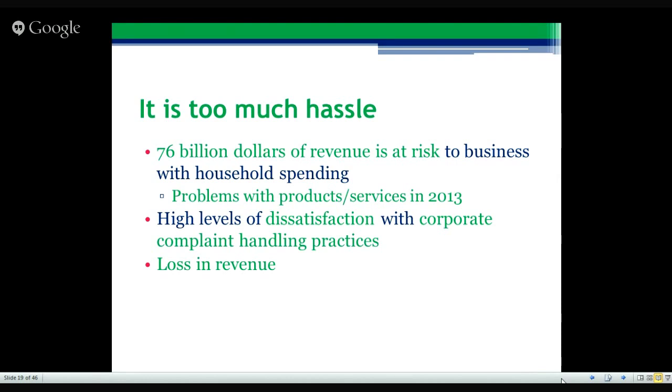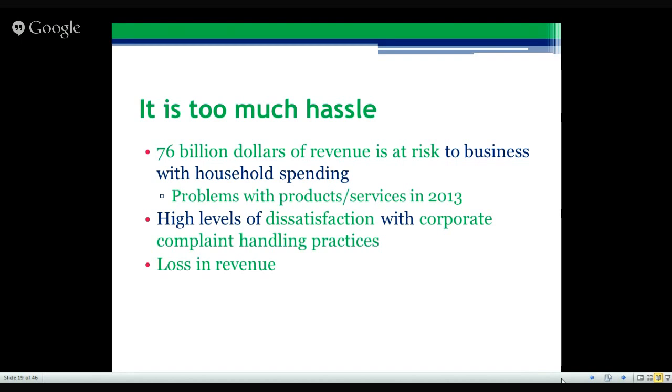People are spending this much money every year. And if you have a problem with products and services, this could definitely cause problems with your brand image and your customer loyalty, because it's important to, again, create that cycle of advocacy. And you can lose your revenue if you don't have good customer service.